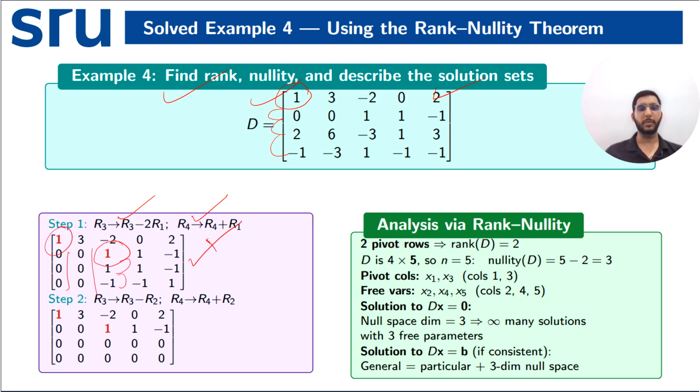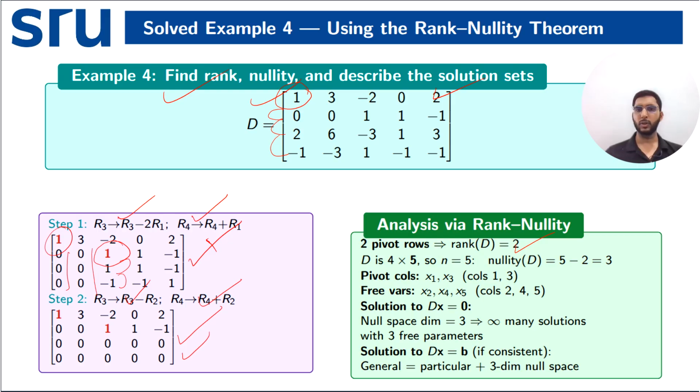So I applied the operations row 3 changes to row 3 minus row 2, and row 4 changes to row 4 plus row 2. I got this kind of matrix, which has row 3 and row 4 as completely 0. So from this I can say the rank of this matrix is 2.